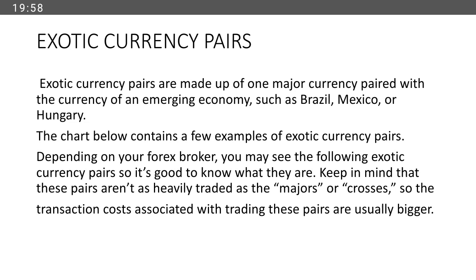Even I don't trade exotics. I don't. Keep in mind that these pairs aren't as heavily traded as majors or crosses. So the transaction costs associated with trading these pairs are usually bigger. That's in their spread. The spread is the transaction cost.